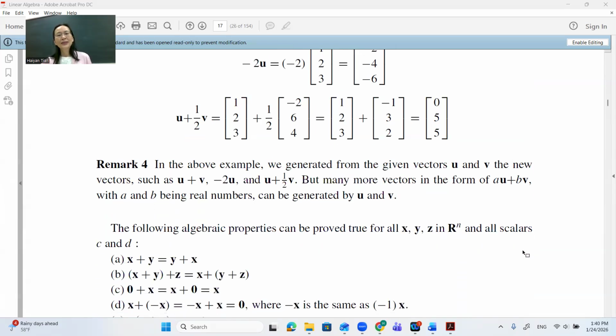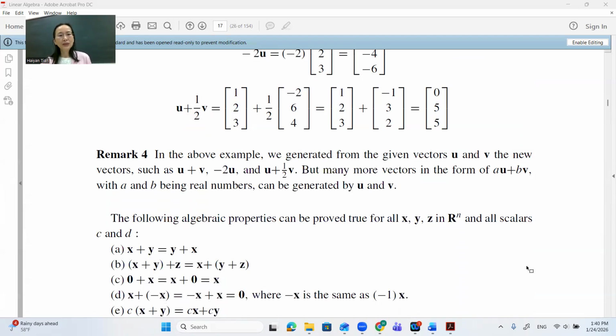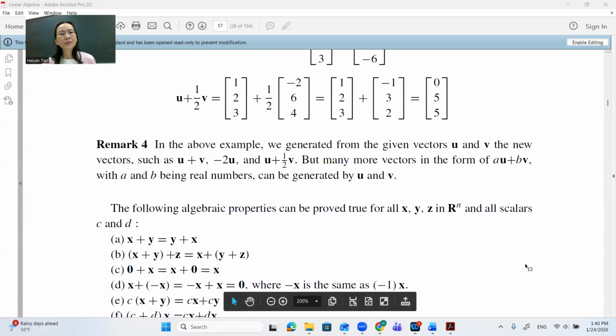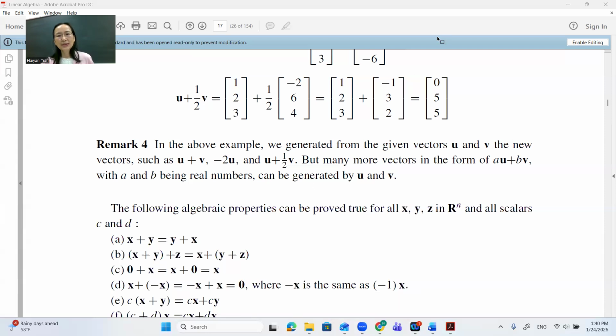So n can be 2, 3, or even 4, etc. So we realize this form: given two vectors, one vector is u, the other vector is v, and you can do scalar multiple of u, scalar multiple of v, and then do a sum.